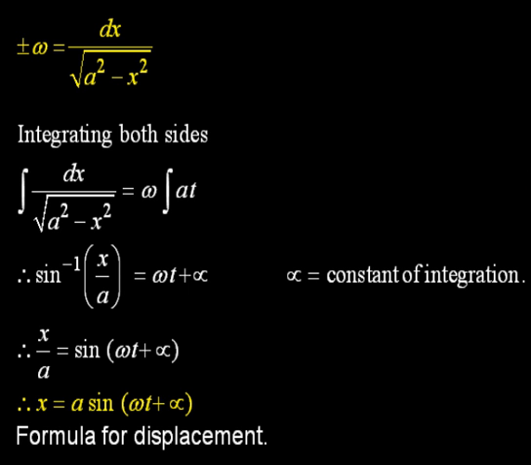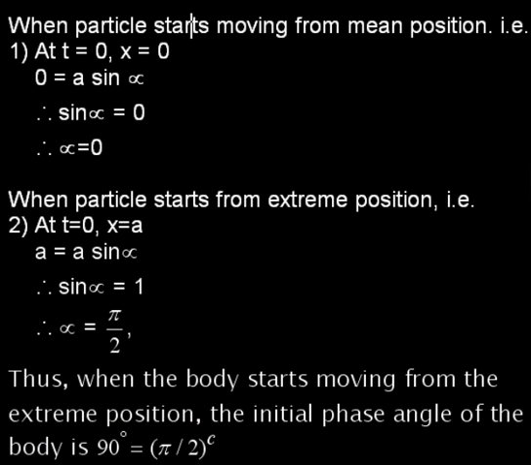Also, we get the same formula for displacement as x is equal to a sine omega t plus alpha. When the particle starts moving from the mean position, that is at t is equal to 0, x is also 0, we get the value of alpha as 0.